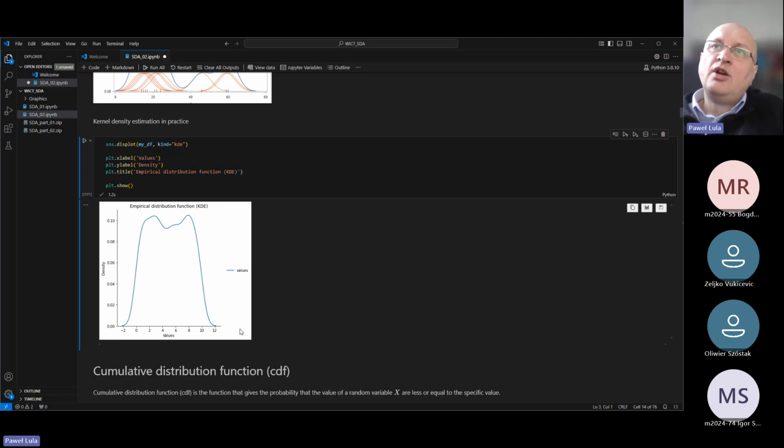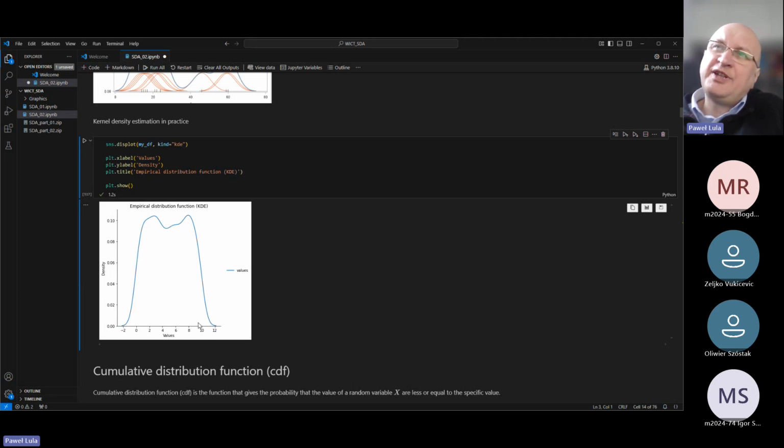And finally, we should change values here. We should normalize these values in this way, which assures that the area under this curve is equal to 1. This area which we have here is equal to 1.